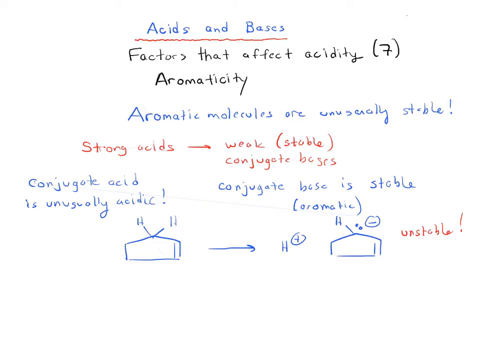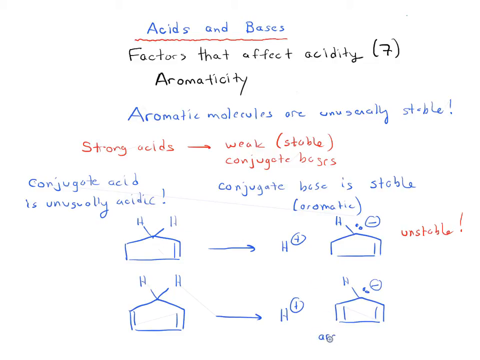When we discuss pKa's, we'll go into a little bit more detail and talk about how we can actually assign a number to some of those things. It actually has a pKa of 43 in that ballpark. So if we, instead of having one alkene present, if we actually have these 2 alkenes present, now this molecule turns out to be aromatic.